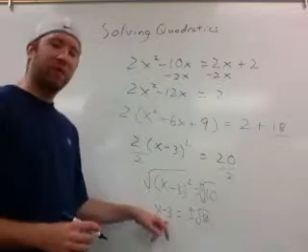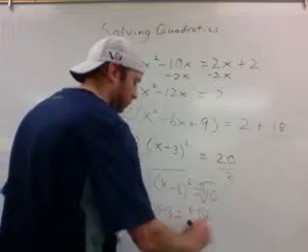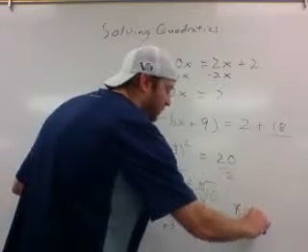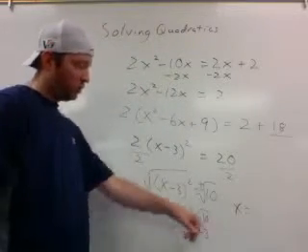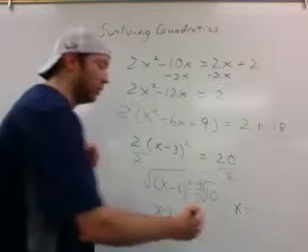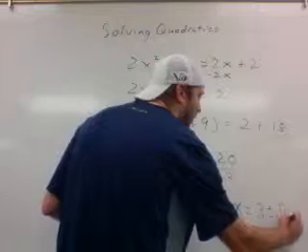And I'm almost done. To solve for x, I need to add 3 to both sides. So when I do that, I get a final answer of x equals, well, I can't add 3 and the square root of 10, so I'm just going to put the 3 out in front. So I get 3, and then I have plus or minus the square root of 10.